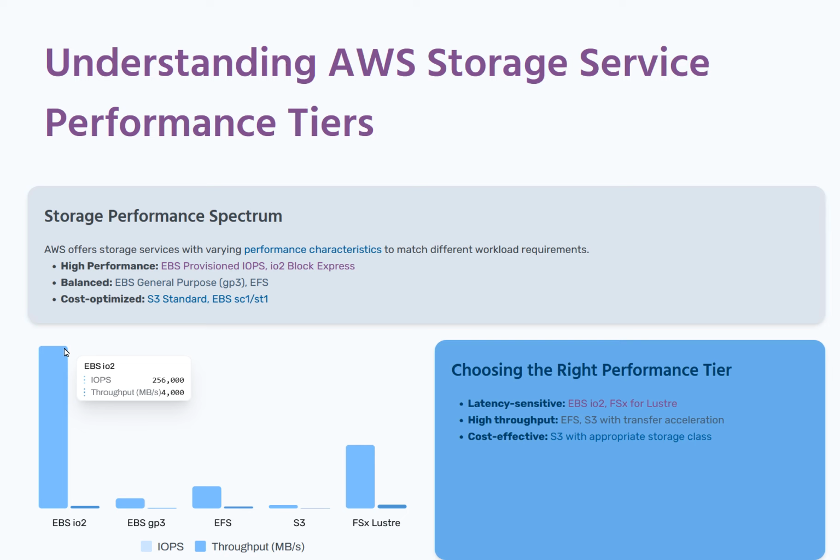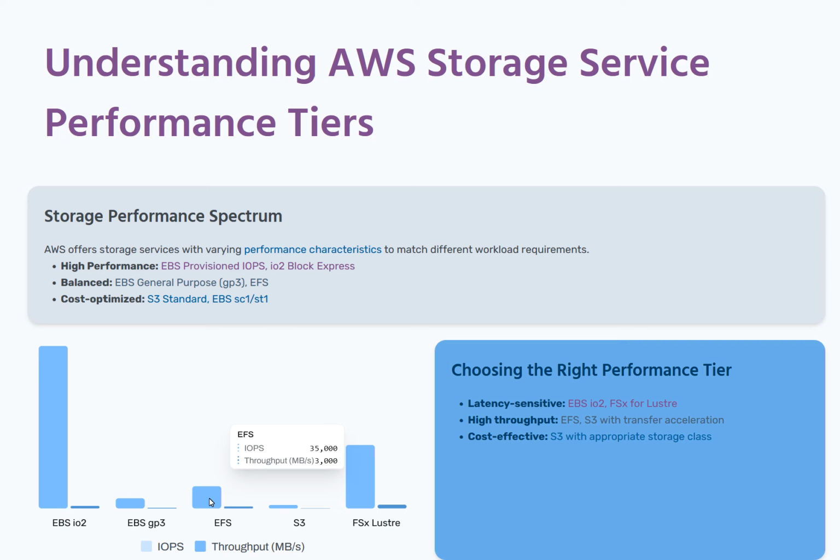So your transfer rate is 4,000 megabits per second, nearly 4 GB. And then if you go here, GP3, that is general purpose GP3, you can go up to a maximum of 16,000 IOPS, and throughput is approximately 1 GB, sort of 1000 MB per second.